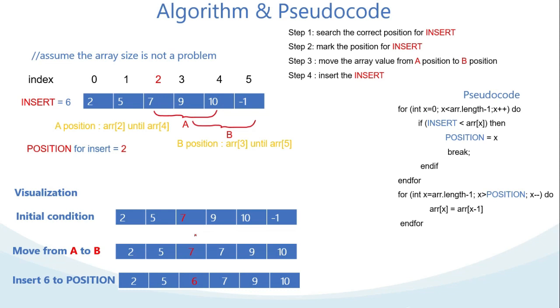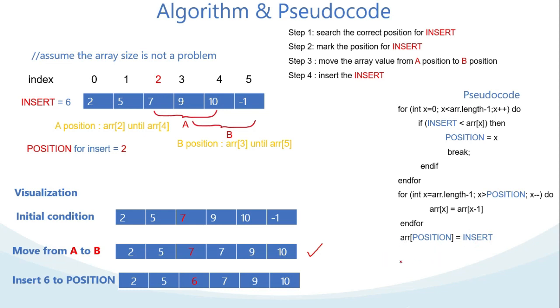Once we move it, the visualization will look like this. Now we have double 7 because we already copied 7 to the following index. This 7, which is at index 2, is the position for our insert. So now we can assign insert to the array position.